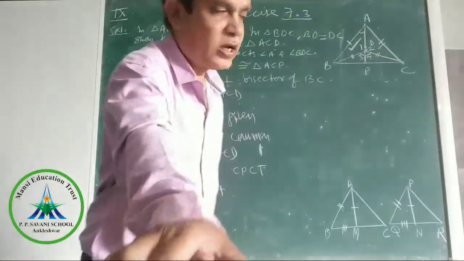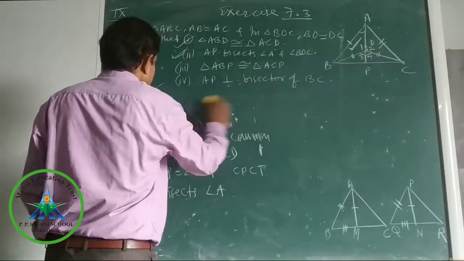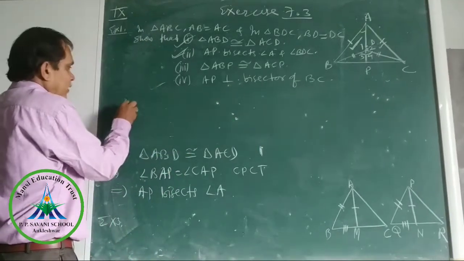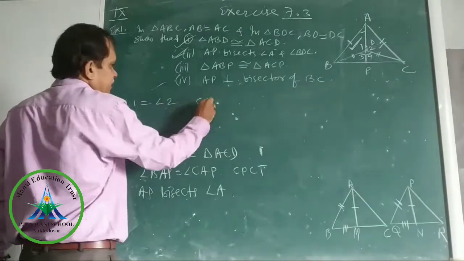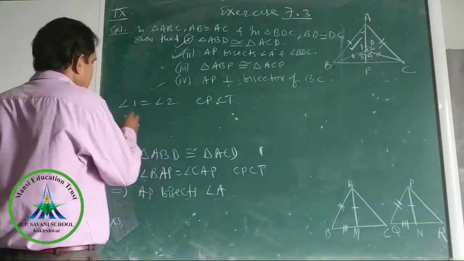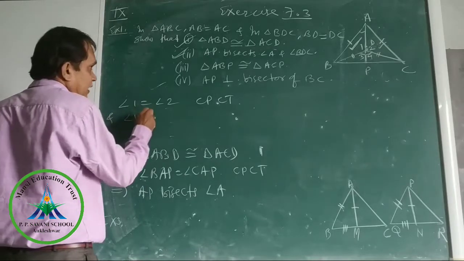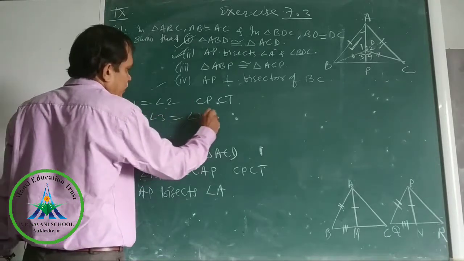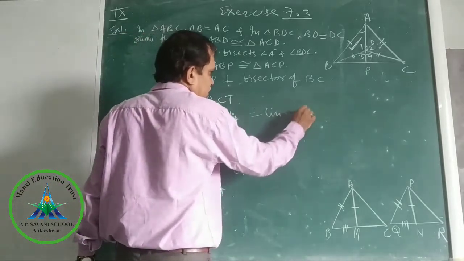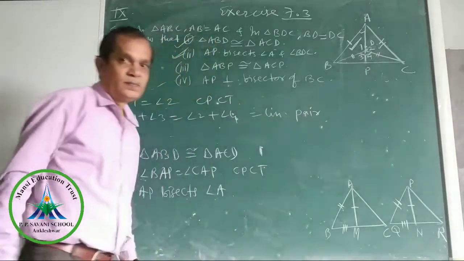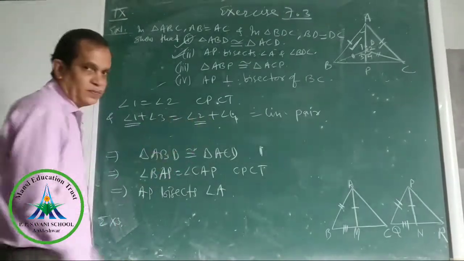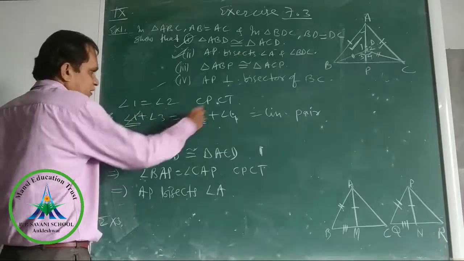Right? So you will write now. Look here. Again, angle 1 equal to angle 2, simplicity. We have numbered. And angle 1 plus angle 3 equal to angle 2 plus angle 4, angles in linear pair. And you see 1 and 2 are equal, we can cancel.